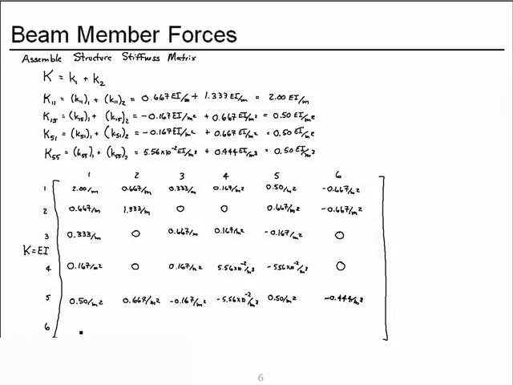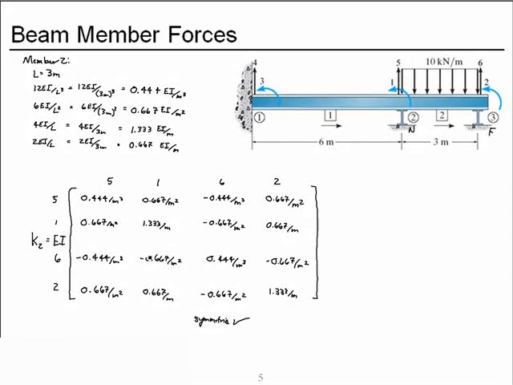Now the 6th row. 6,1, row 6, column 1, is given by this coefficient. 6,2 by this coefficient. 6,3 will be 0. 6,4 will be 0. 6,5 by this coefficient, and 6,6 by this coefficient.